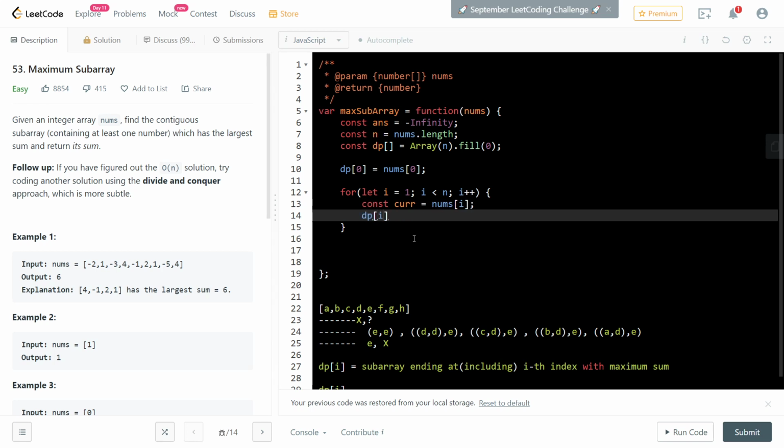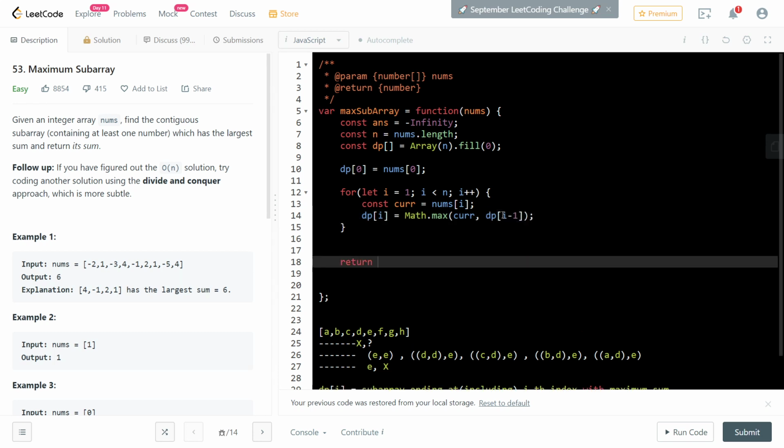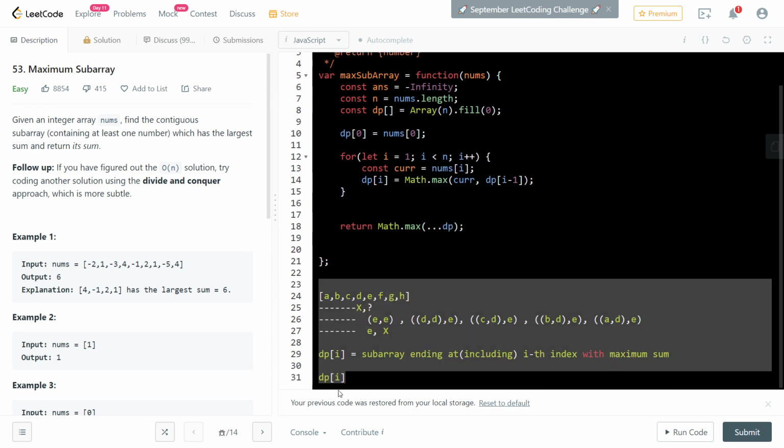As we mentioned, dp i will be equal to Math.max of the current element or the previous value plus current, dp i -1. Then return the max, right? So of all the dp values, you just take the max. So that's it. So that's why this question is easier.